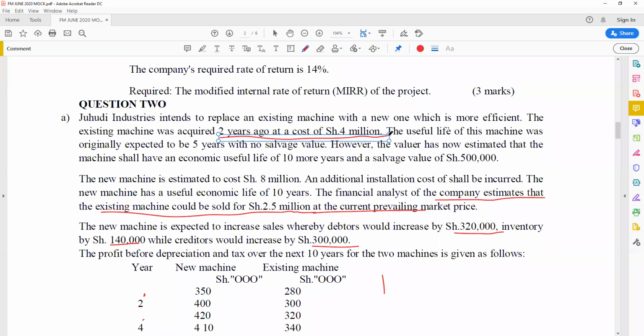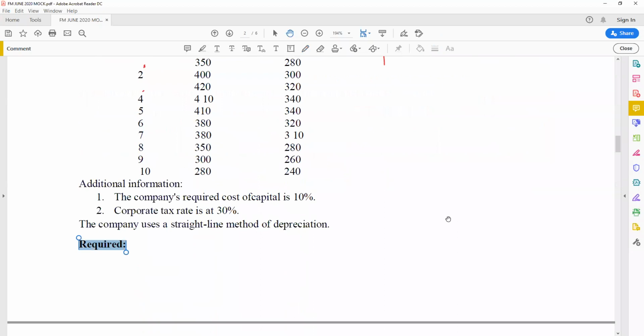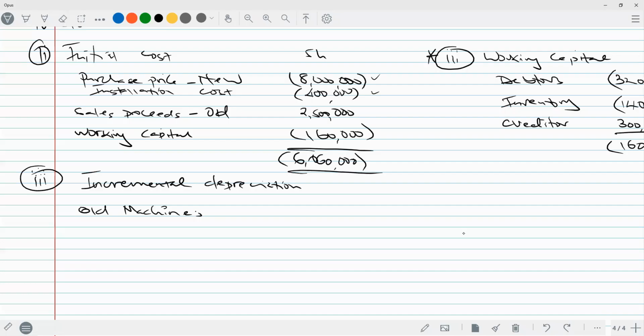The life then was 5 years with zero salvage value. So the tax position was based on 5 years on a straight line method of depreciation. Going back to our working, the depreciation is meant to be equal to cost minus the disposal value or the scrap value.